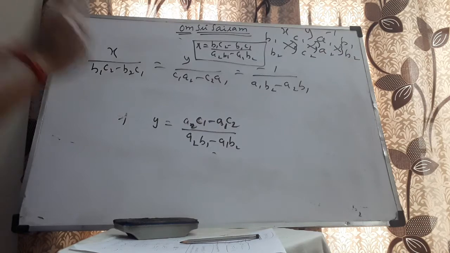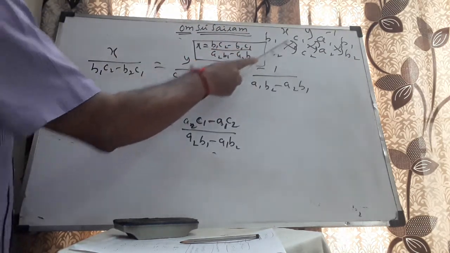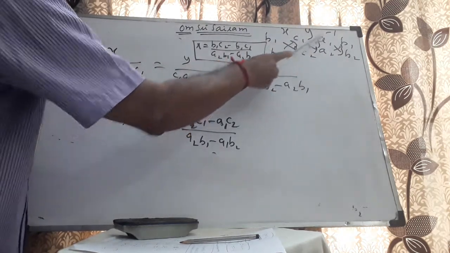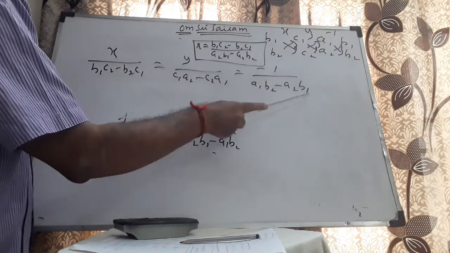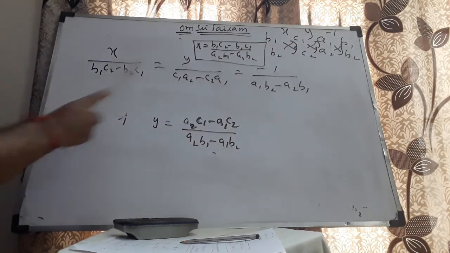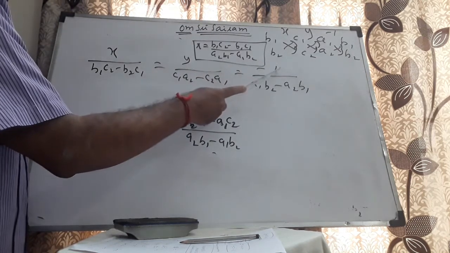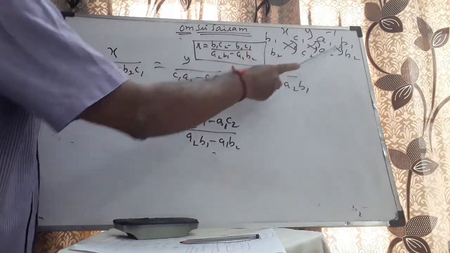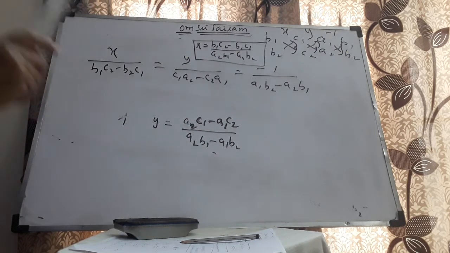Now I'll write x divided by b1 c2 minus b2 c1 equal to y divided by c1 a2 minus c2 a1 equal to minus 1 divided by a1 b2 minus a2 b1. Therefore take the first and third ratios. Here I'm cross multiplying, therefore it's called rule of cross multiplication. Here I am using an arrow diagram, therefore it is called arrow diagram method. That's the reason why I get two different names for this particular method.